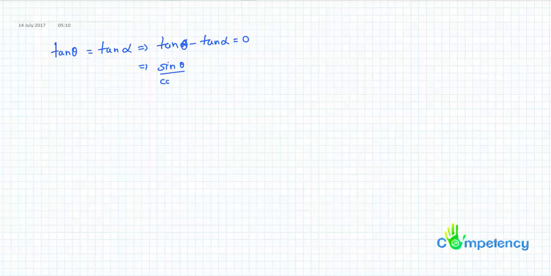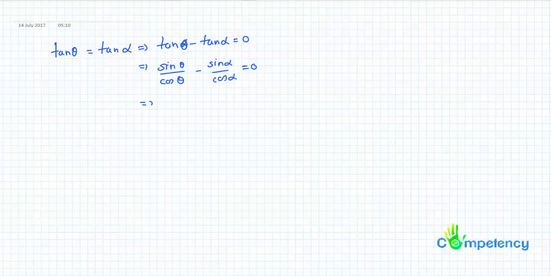Similarly we can find for tan theta. Say tan theta equals tan alpha. This means tan theta minus tan alpha equals 0, or we can say that sine theta divided by cos theta minus sine alpha divided by cos alpha equals 0.